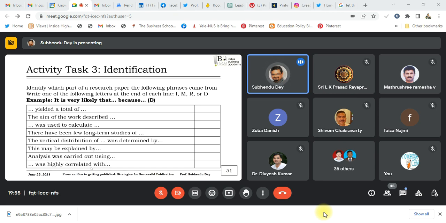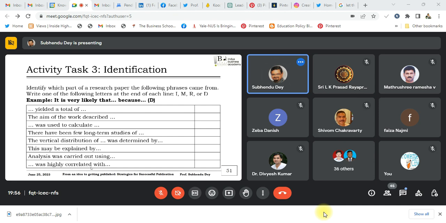Write one of the following letters at the end of each line. It can be either I or M or R or D. So say for example, if the statement is like this, it is very likely that dot dot dot dot because of this dot dot dot dot, it would have come from D or discussion.